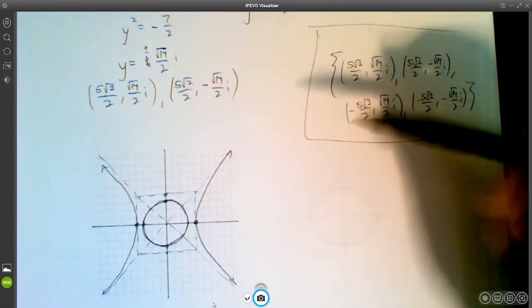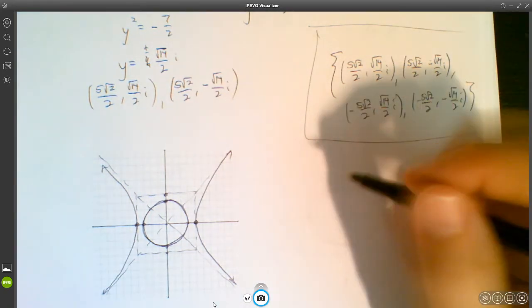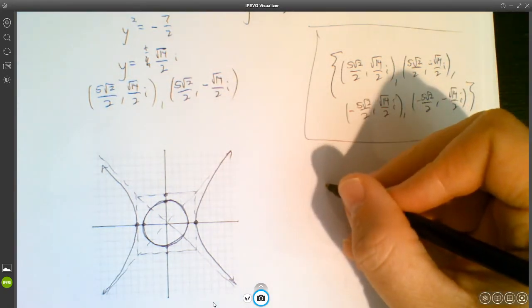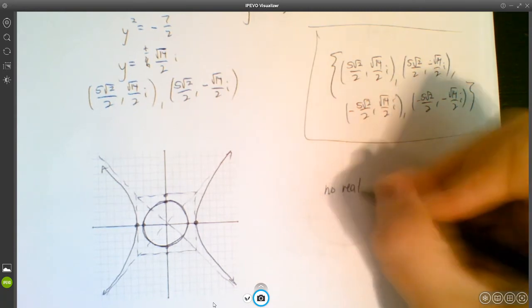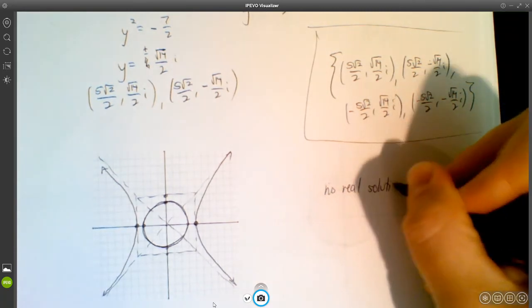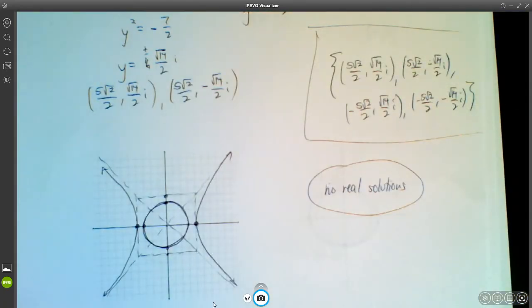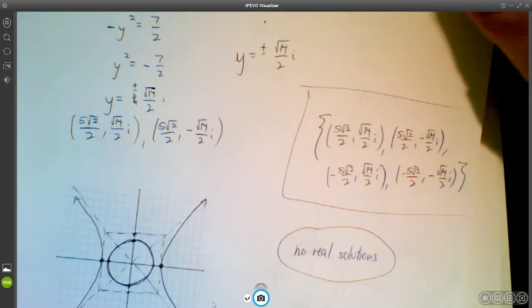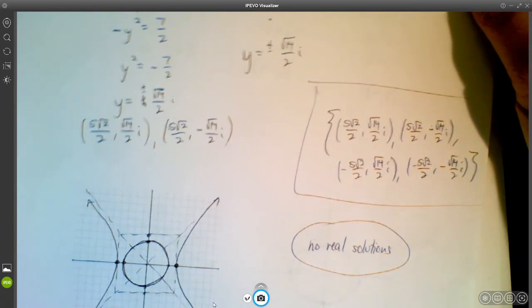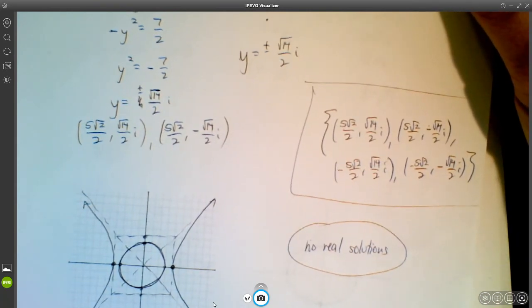I guess if I were asking you for the solution set over the real numbers, you could say no real solutions. Right, no real solutions. So it's not that there's no solution to the system, it's just that the solutions aren't real. So you can say no real solutions. Okay, so that's that one.